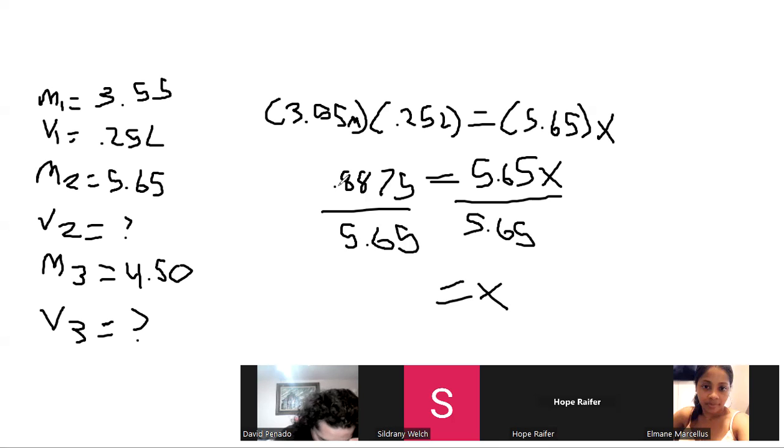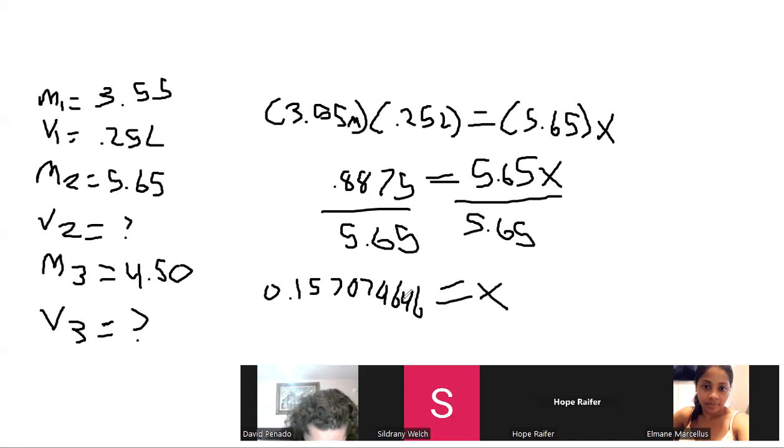We did 0.8875 divided by 5.65. Yeah, 0.157079, that's the one. I just can't read my handwriting. Okay, so the answer, I'm going to write out the whole thing: 0.157079646. All right, so what's the question asking us?